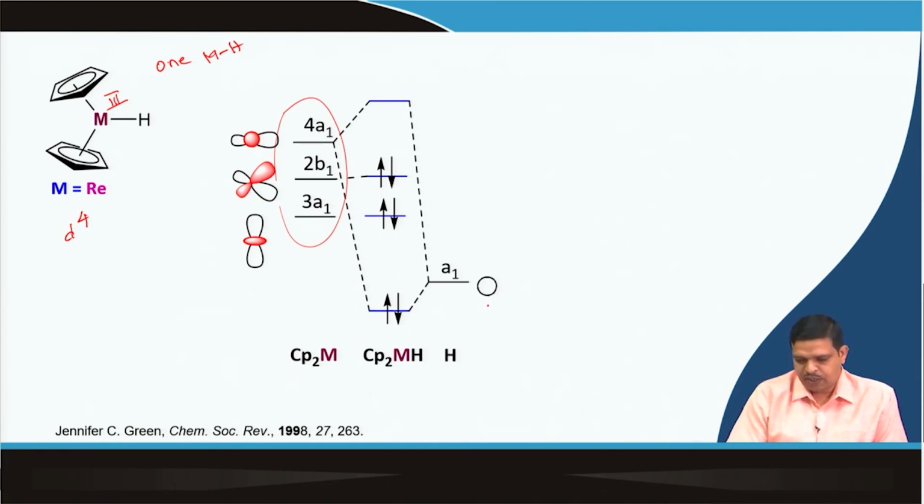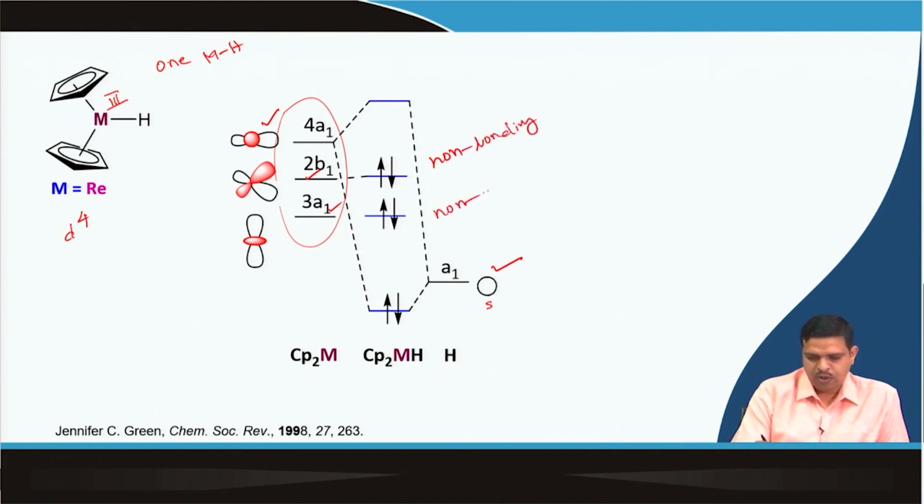This is my s orbital of the H. Now, what will happen? This a1, and this 4a1, the s orbital and the d orbital, that is the dx²-y², can interact and form one bonding and one anti-bonding molecular orbital, and this a1 and b1 will be non-bonding.